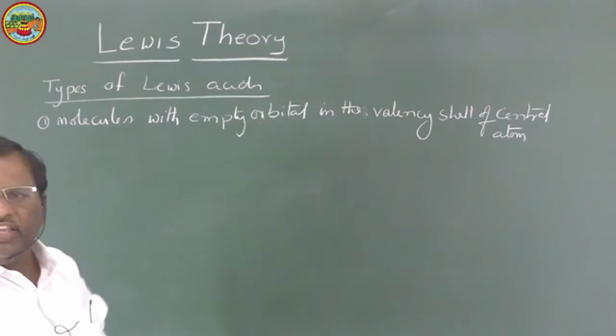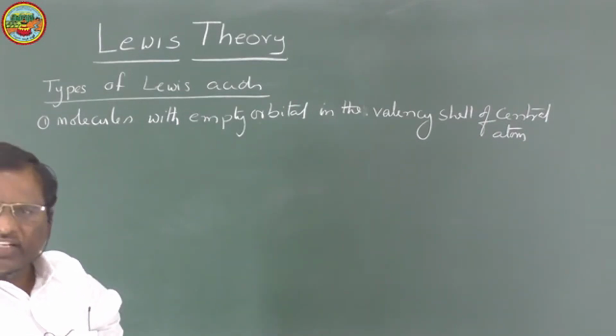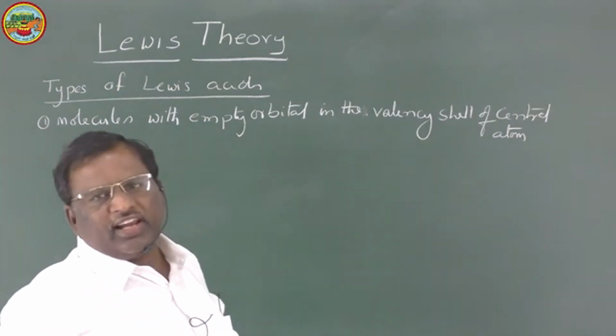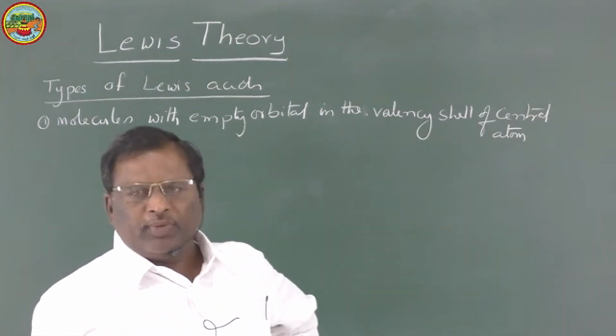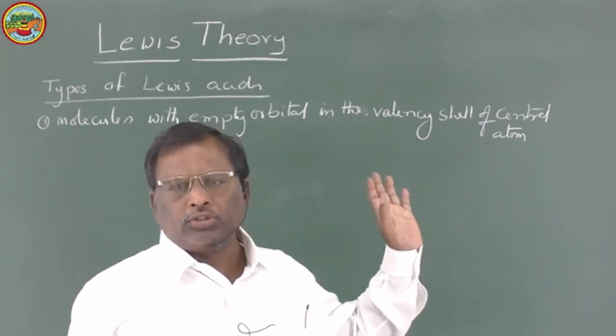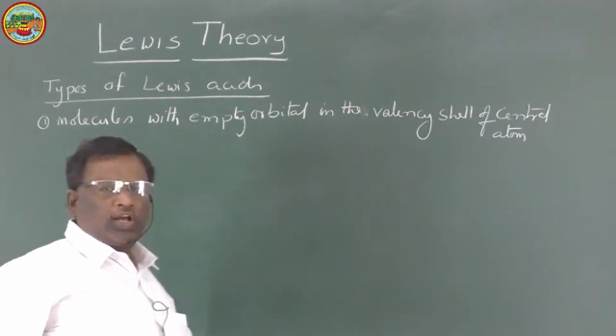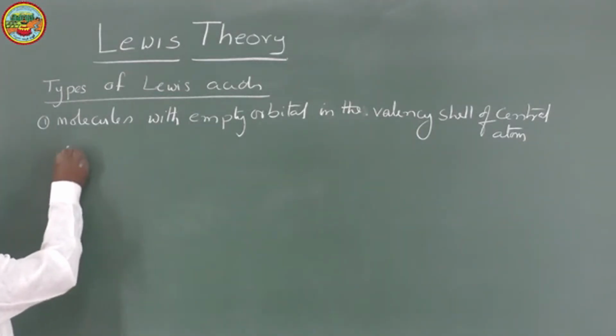So now we are studying the types of Lewis acids. The first type is the molecules which are having an empty orbital in the valency shell of the central atom. Just now we discussed boron trifluoride. In a similar manner, we have boron trichloride, BCl3.